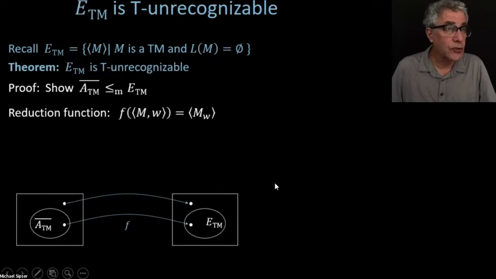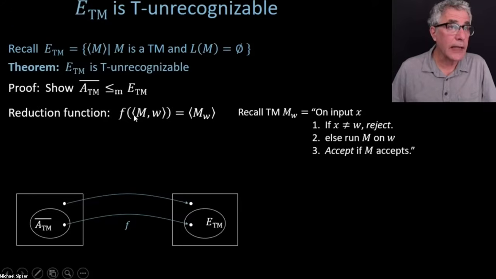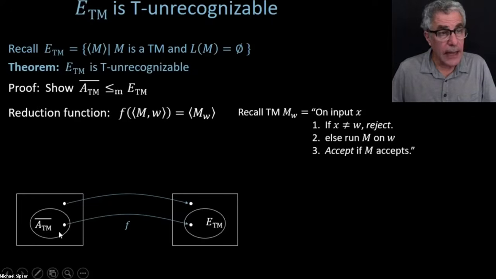And the thing that's going to do the trick is that same reduction function that we saw earlier. We're going to take that machine MW from before, the machine that filters out all the non-Ws, and we're going to take MW, which is a complement problem.